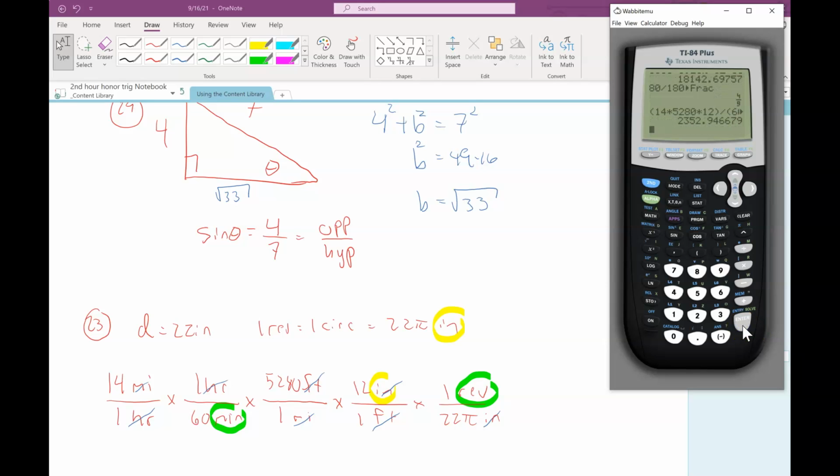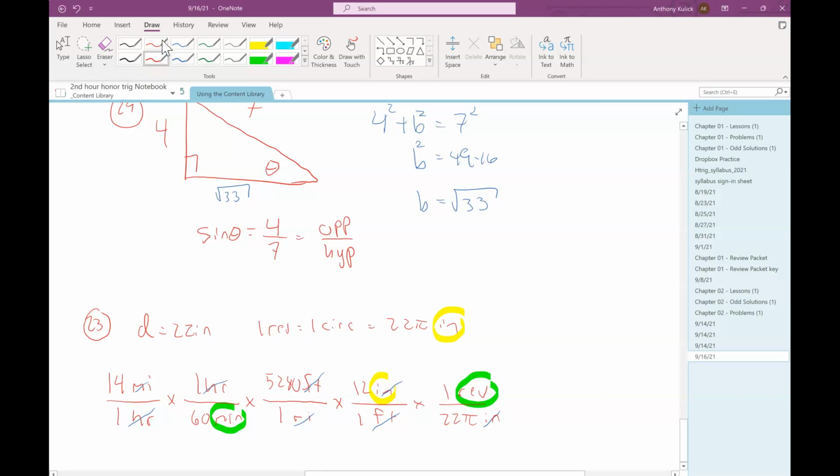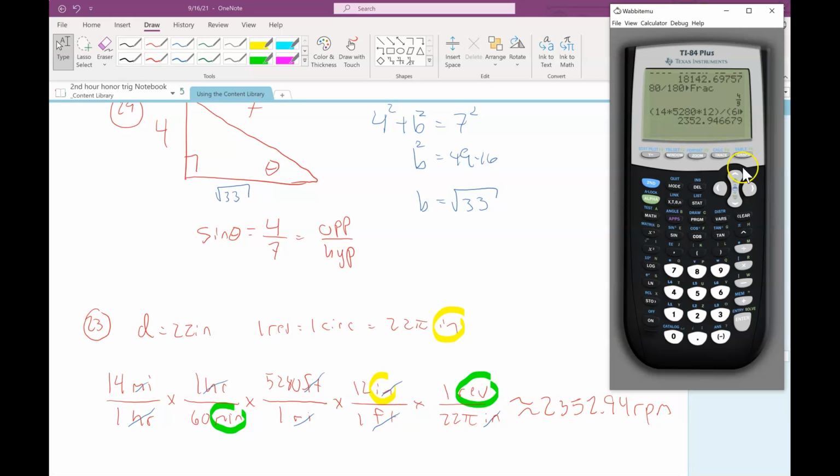And press enter. So 23, 52, 94. When you're typing into the calculator, you put 2 pi instead of 22 pi. Oh. Thank you.